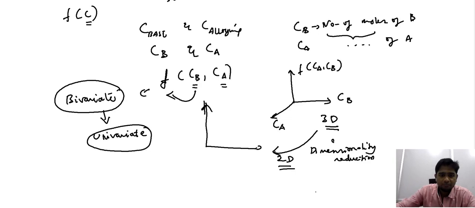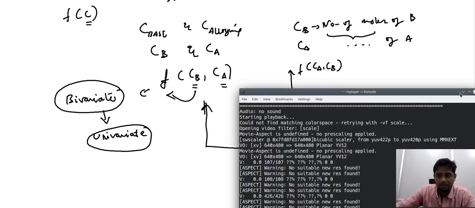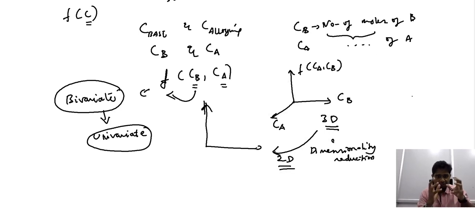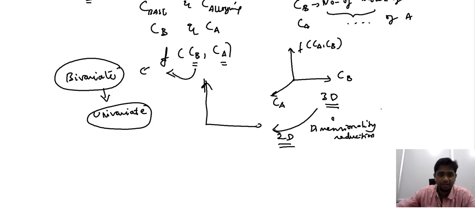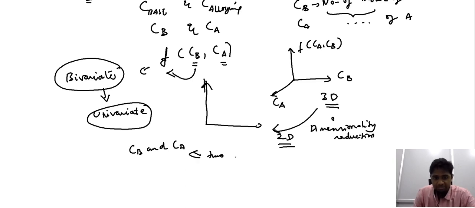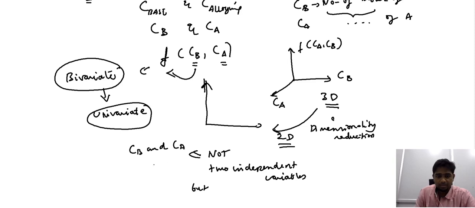Now, one way of achieving this without losing any principal characteristic, any feature of the function, is to show that Cb and Ca, the concentration of the base metal and the concentration of the alloying elements, are not two independent variables, but are interdependent on each other.